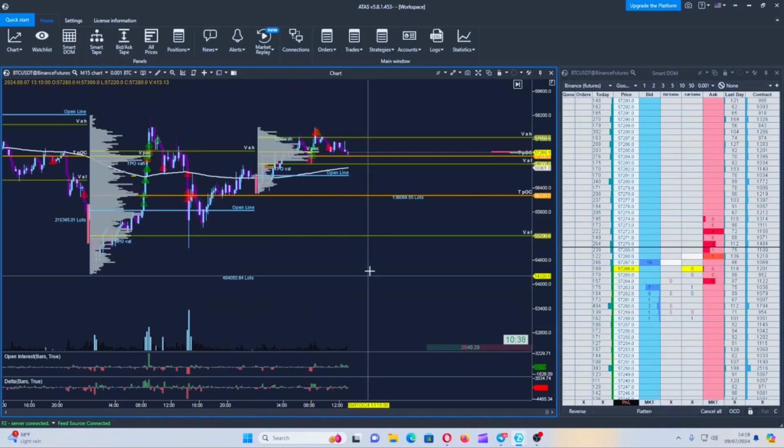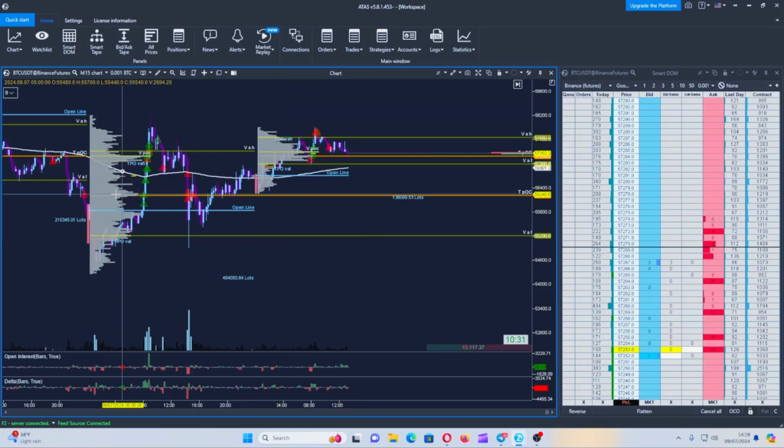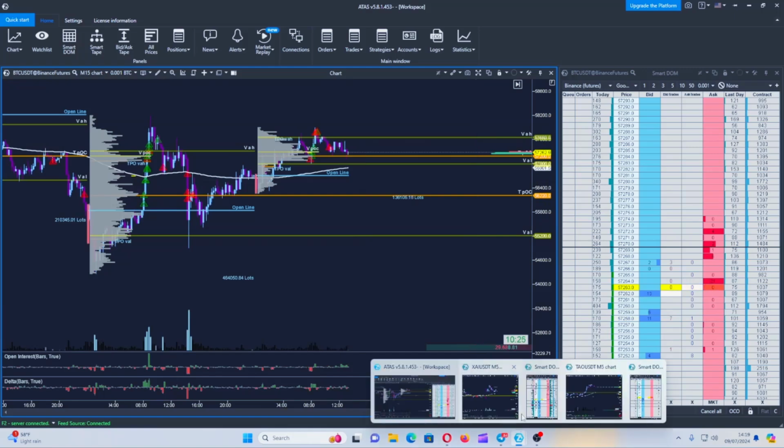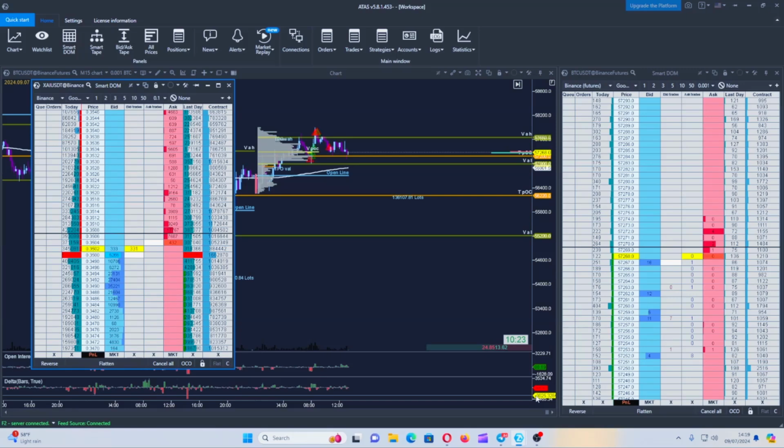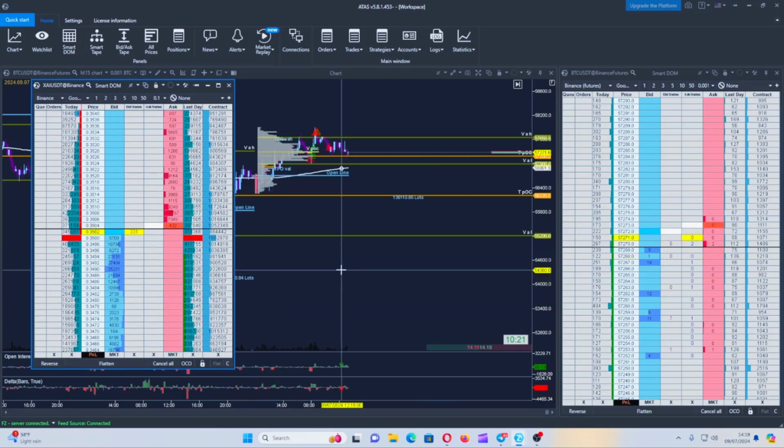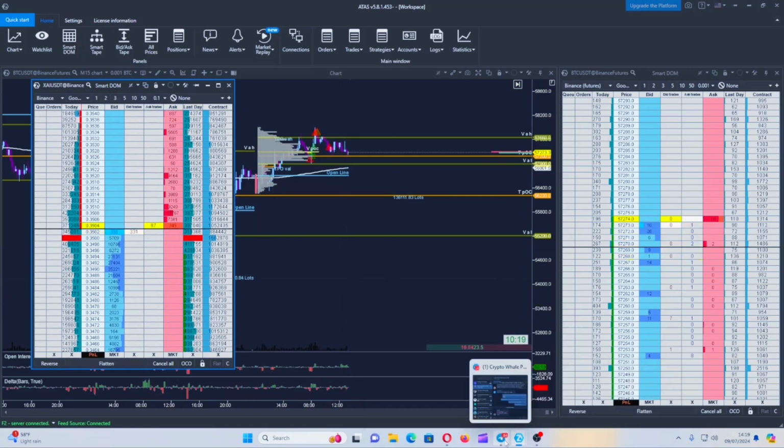I'm going to talk you through it all and how you would use the order book and these areas to take quick scalps in and out. And that's what the order book's really there for, to help you take quick scalps in and out of trades.